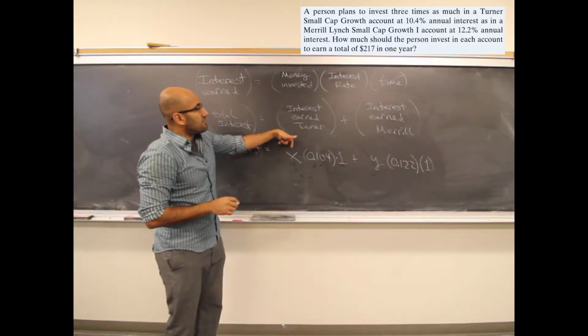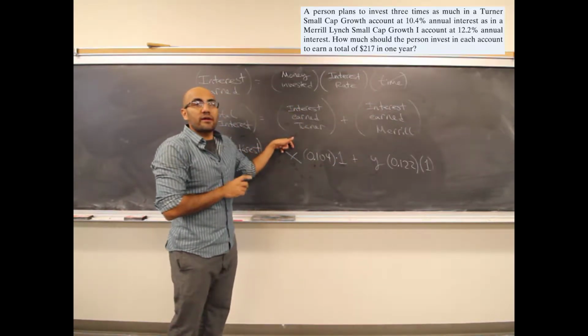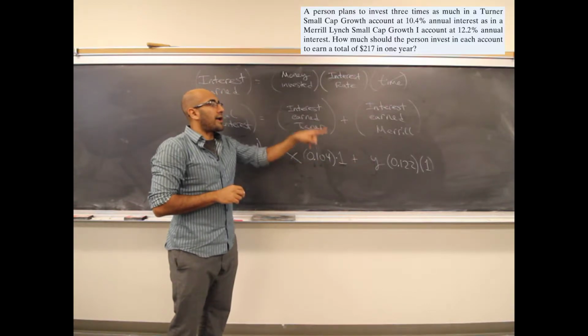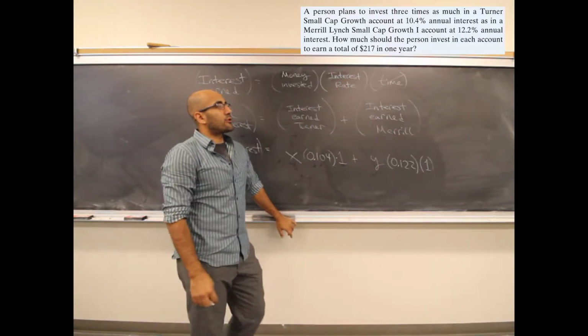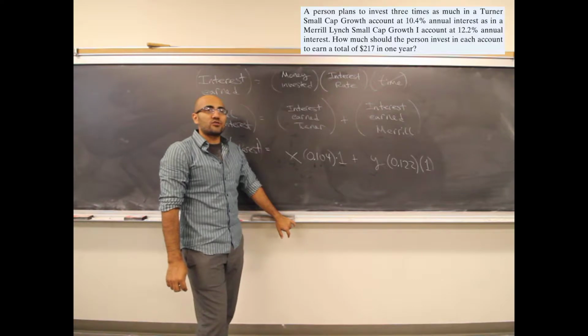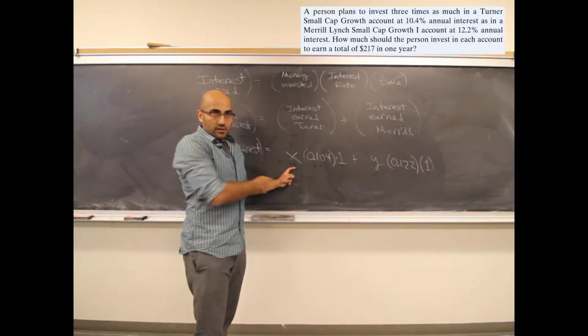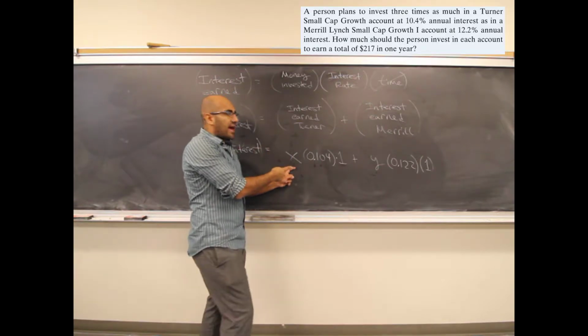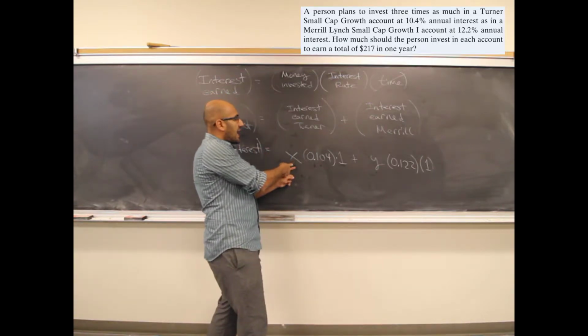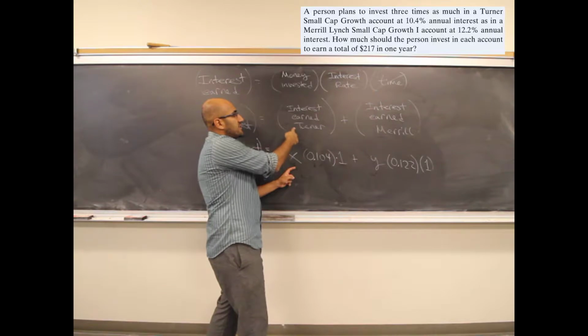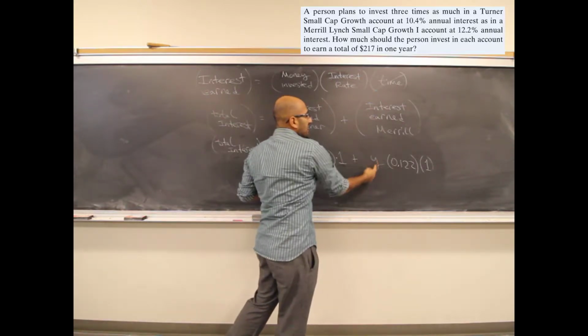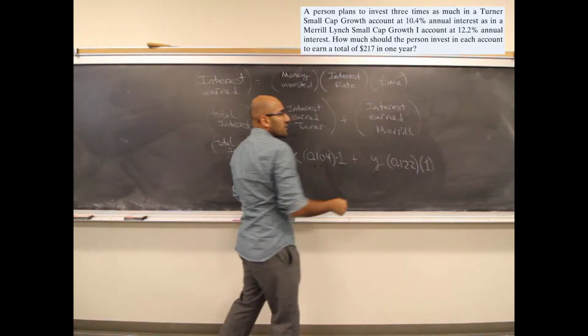Okay, so keep this in mind. Which one should be bigger? The X or the Y? When you read that, a person plans to invest 3 times as much into the Turner account as they do the Merrill account. So which one should be bigger? The X one, right? Whatever answer I get, this one should be bigger. This X represents the amount of money invested into the Turner. This Y represents the amount of money invested into the Merrill.